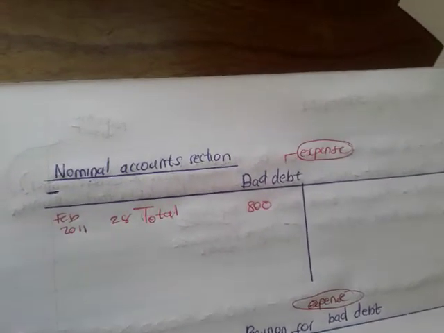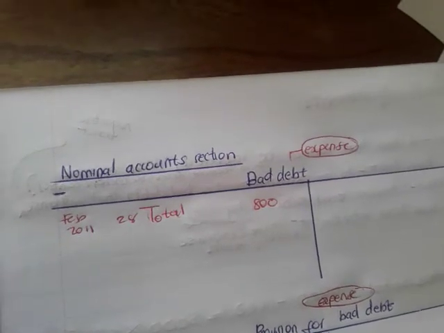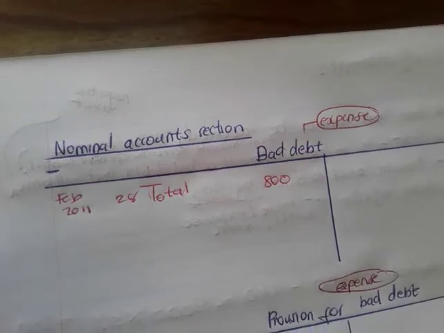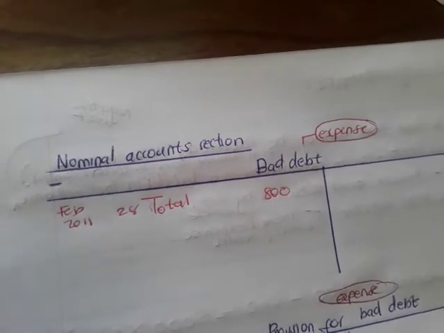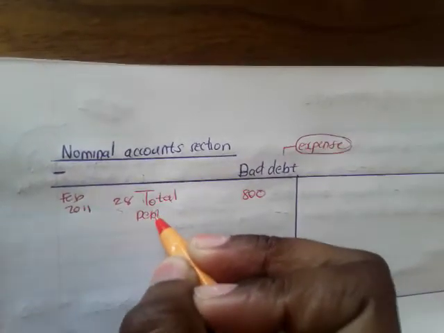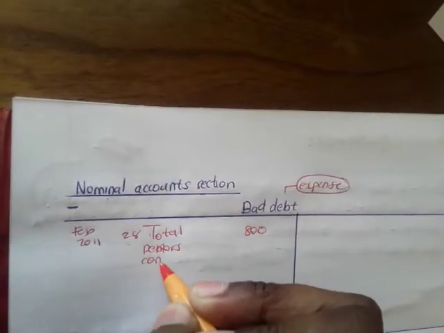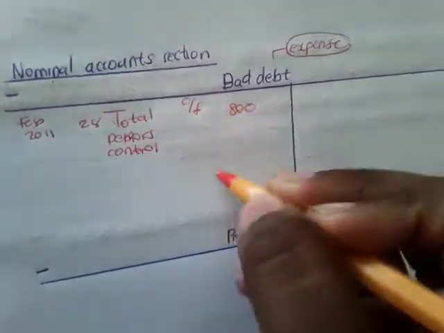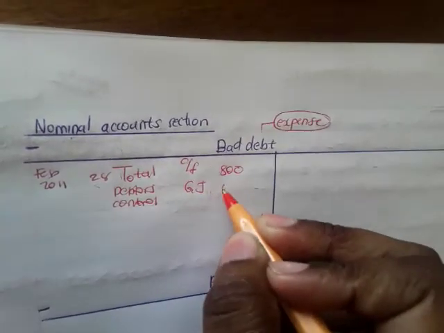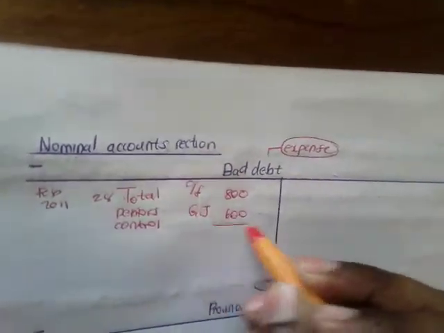And since this is an expense, and we know that an expense is debited, you put that on the debit side, as your debtors control. Okay, so it is actually carried forward, and then it is journal of 600, right? And then you add them together.